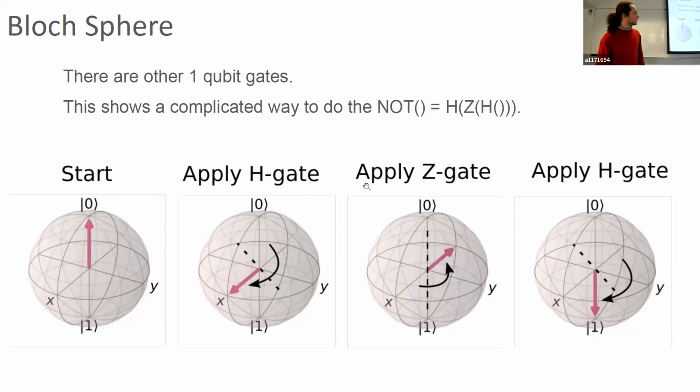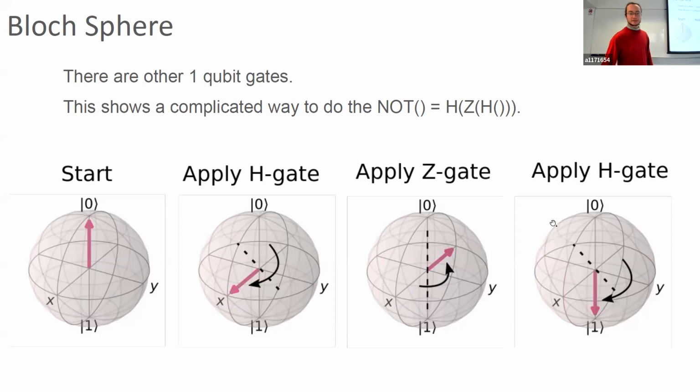Let's say now I apply the Z gate, which is another type of gate, a rotation of 180 degrees around the poles. It turns the equator around by 180 degrees, so my qubit goes from X into minus X. And now if I apply the Hadamard gate again, minus X goes into the South Pole.